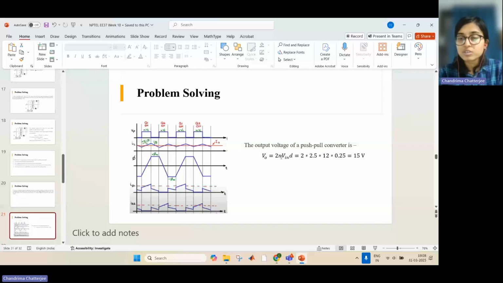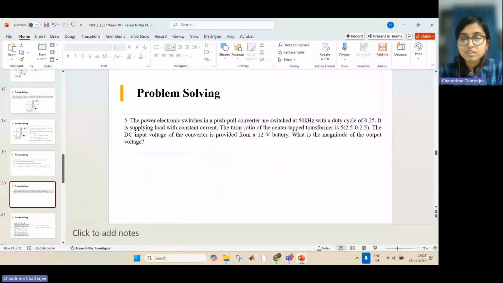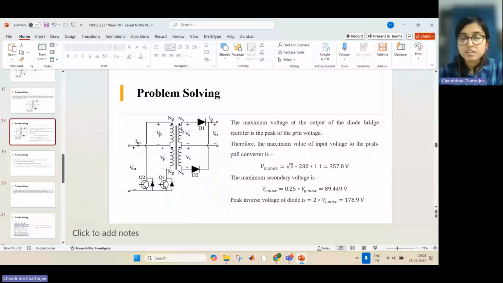So here the total ratio is 5, but actually it is 2.5, then 0, then 2.5. So Ns by Np is basically 2.5, not 5. 5 is for the whole winding, but for each winding, it is 2.5.